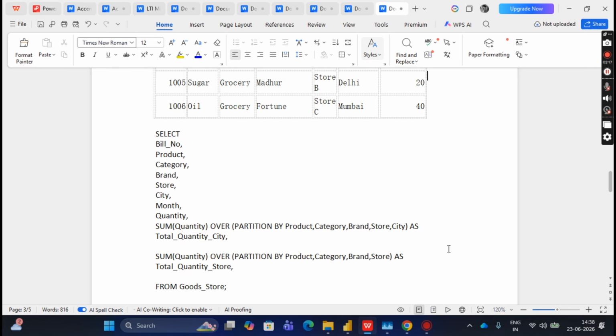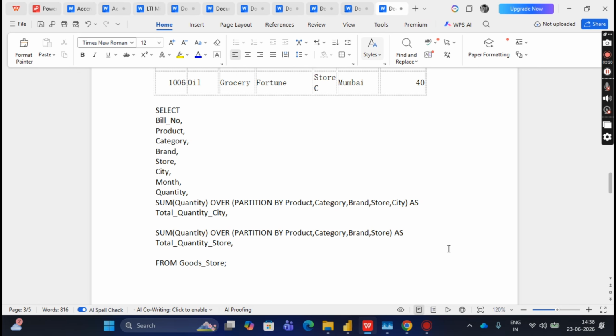So it is clear, right? So I have done the problem. It is a very simple problem. So select bill number, product, category, brand, store, city, month, quantity. So I am selecting all the columns from the original table. I am just performing a window function, sum of quantity over partition by product, category, brand, store, city. So it will give the total quantity city wise, because the city wise calculation is doing aggregation on 5 columns: product, category, brand, store and city.